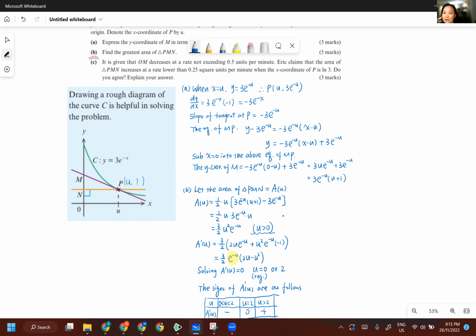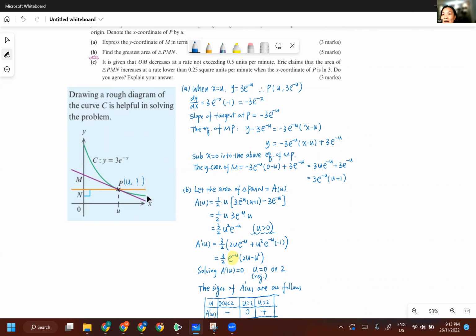Now, for this concept, the rates of change, I think this one is newly introduced to you. But earlier this year, we discussed locus. This one is very similar because it's not a static picture. It's a moving thing. Something is changing.